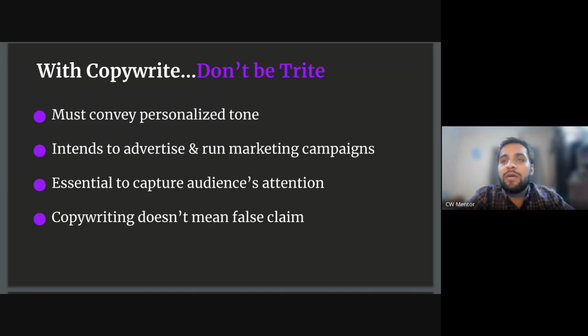Second, copywriting is majorly intended to advertise a product, and it is a part of running a marketing campaign. When we say it is intended to advertise or run a marketing campaign, every other form of advertisement and marketing falls into this.